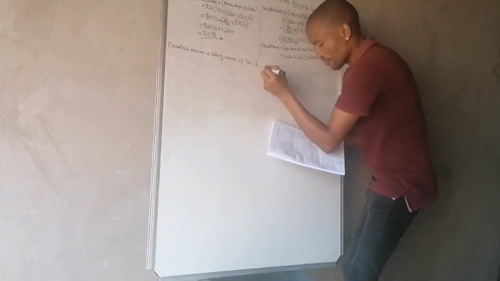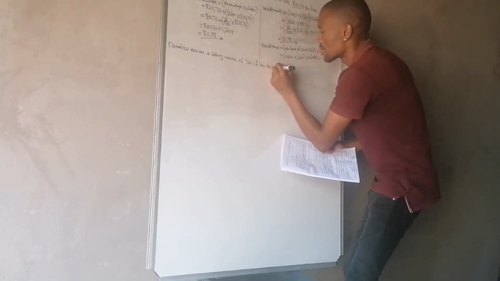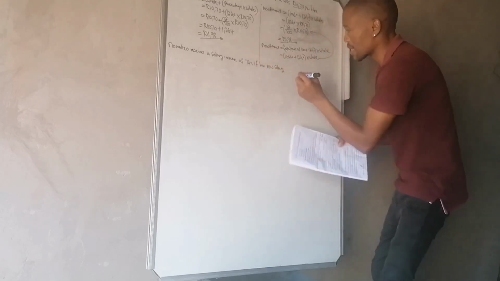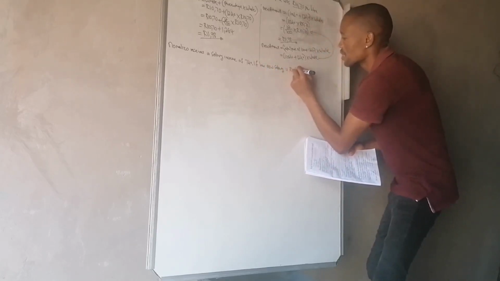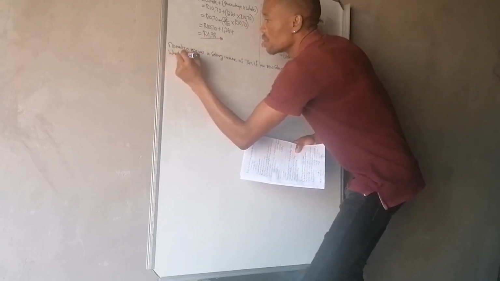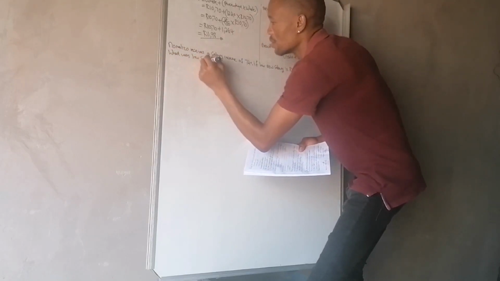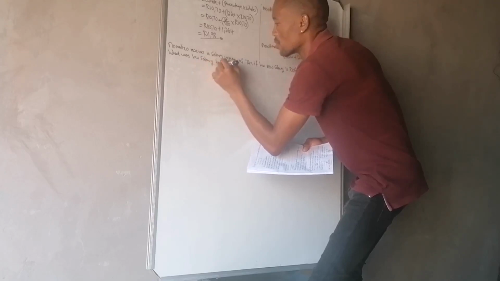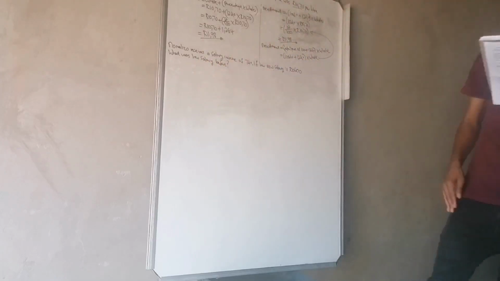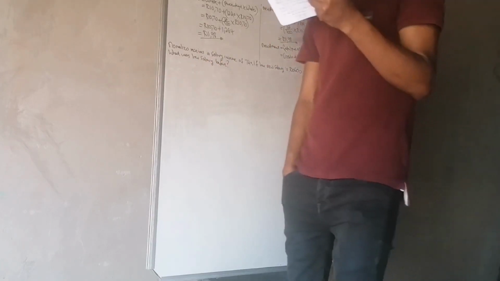If her new salary is 10,600, what was her salary before? Good. Normalizo receives a salary increase of 7%. If her new salary is 10,600, what was her salary before?